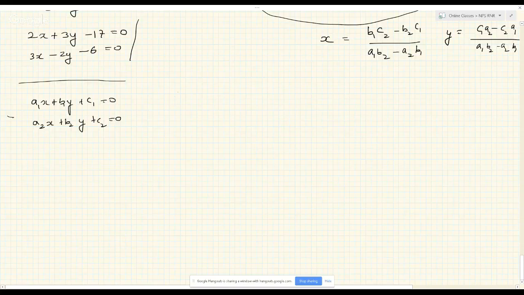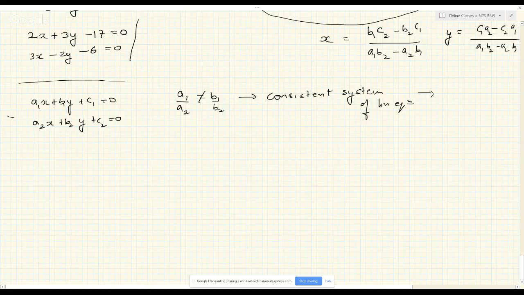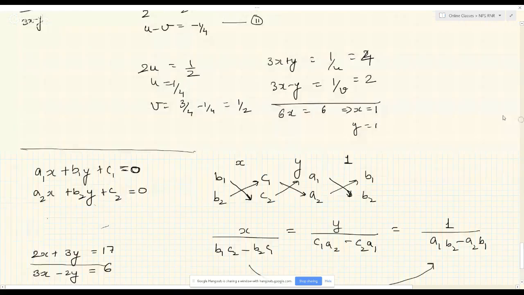Then we said that if a1 by a2 is not equal to b1 by b2, then it is a consistent pair, a consistent system of linear equations, and a case of unique solution, or intersecting lines. Correct?